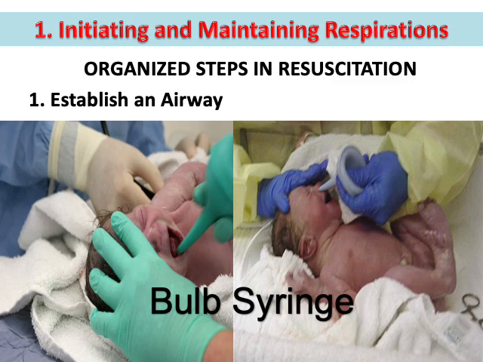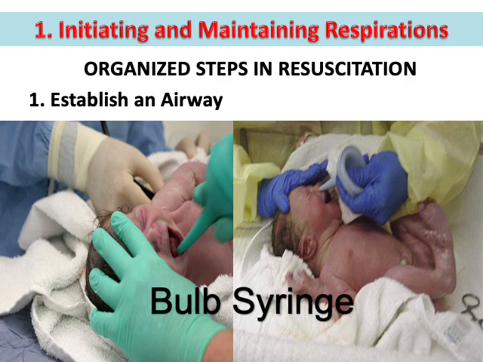Question: can you use the same bulb syringe for the mouth and the nose? Yes, because they have the same normal flora. Another question: what if the bulb syringe is so big it cannot reach the secretions in the posterior part of the mouth and the nose?